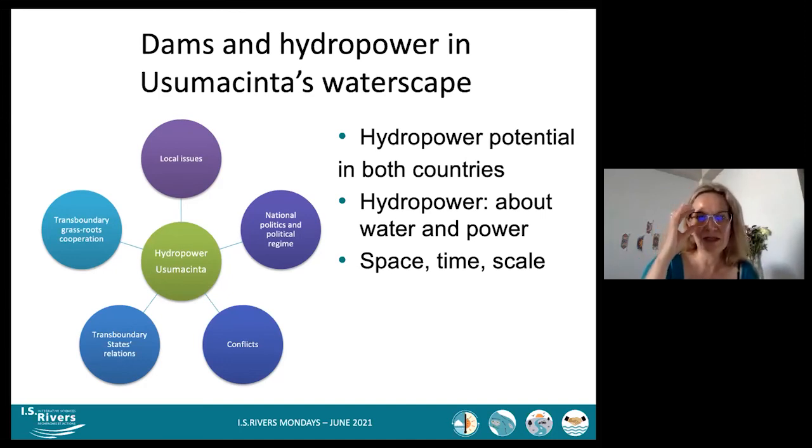And there was also a lot of movement against the dam in Mexico, so it was never built. It was a very conflictual situation. So it really shows the transborder issues in this river basin between the countries.